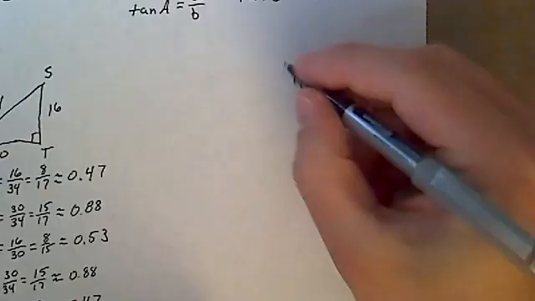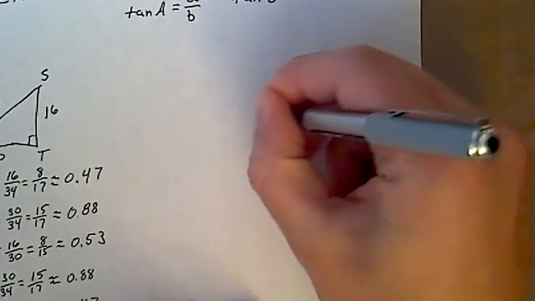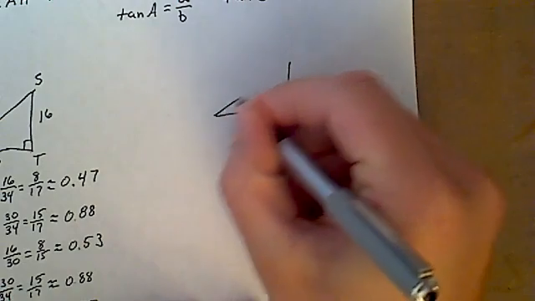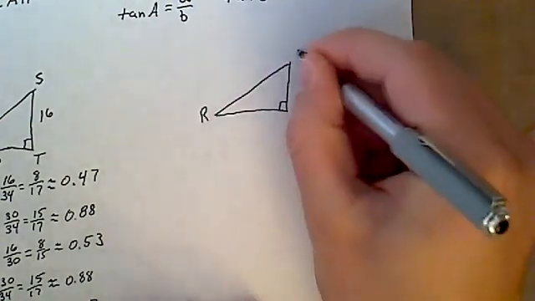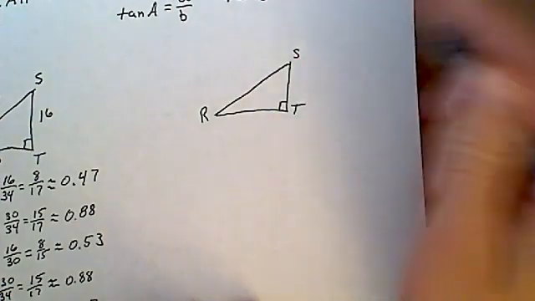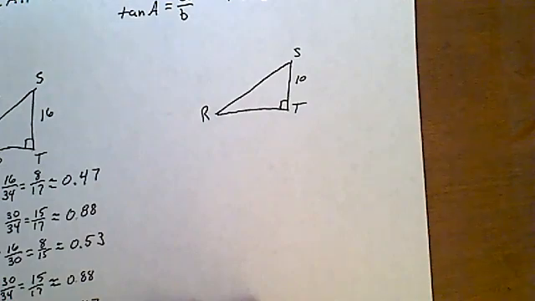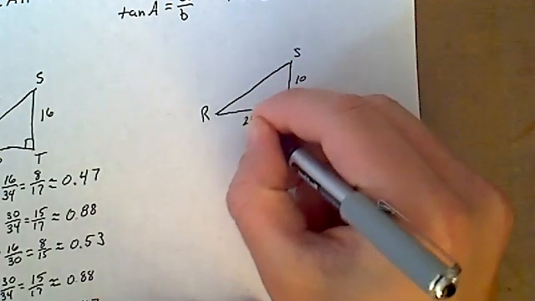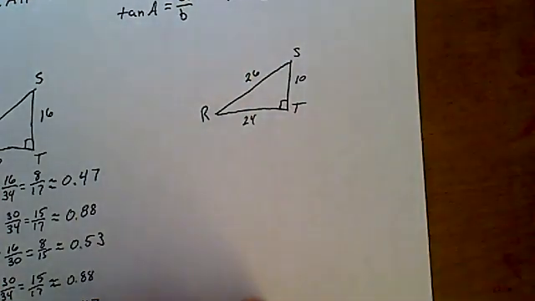Okay, we're going to look at one more. So same triangle, RST. R is 10. S is 24. And T is 26. So here you should pause the video.